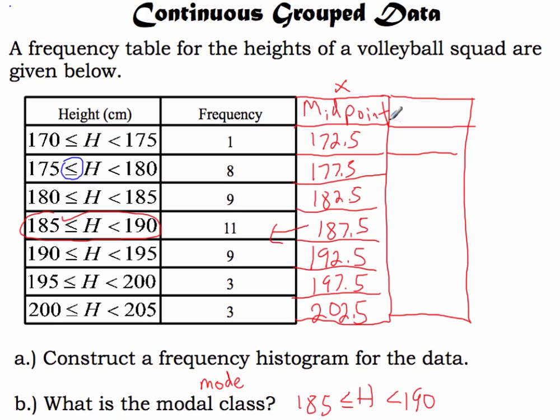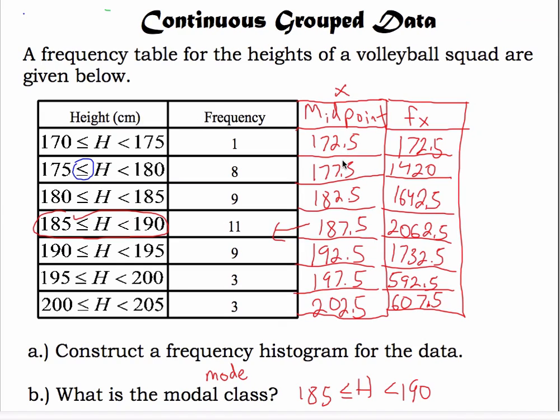Now we're going to multiply 1 times 172.5, and we'll call this column fx. So 1 times 172.5 gives you 172.5, and we're going to do that for all of these values.